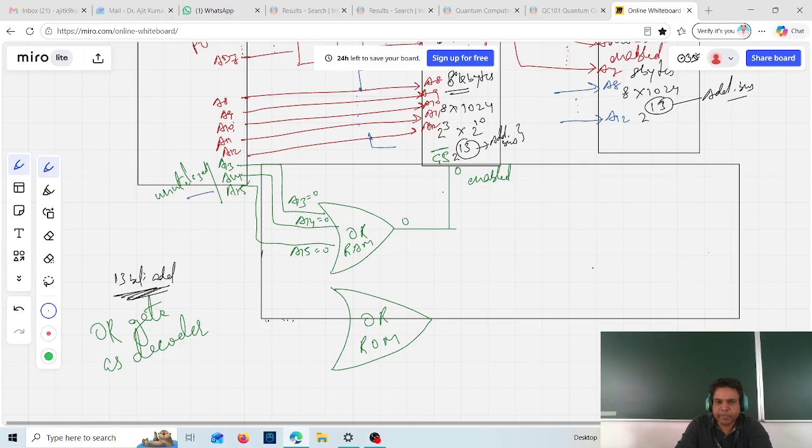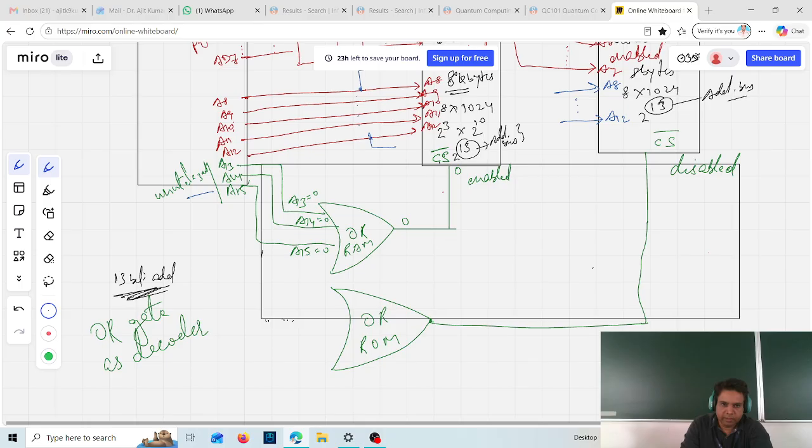Now, when this has been enabled, at that time, this has to be disabled. At that time, this should not be enabled. So let us connect the output of the OR gate to the CS of your ROM. Now at that time, this should be disabled. So how can we disable this? What I'll do is I'm going to connect the pin A13.